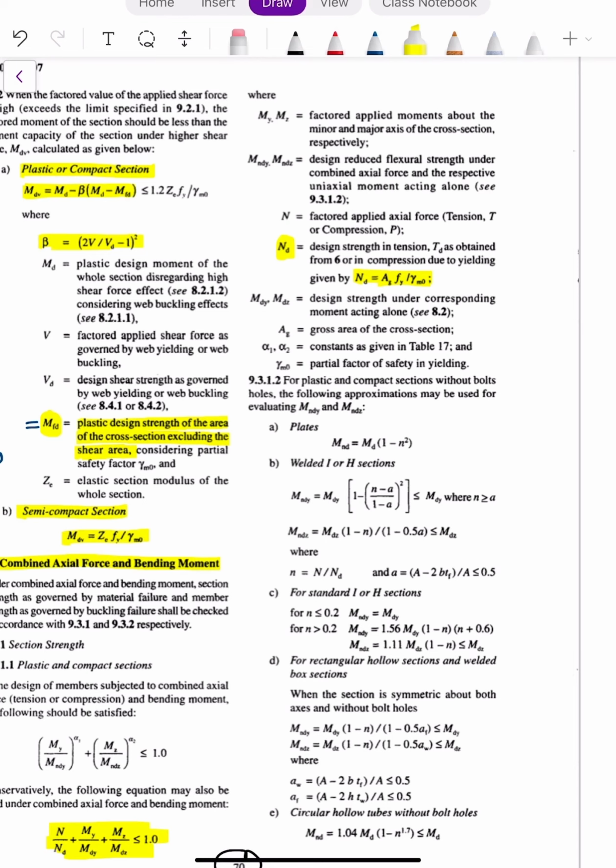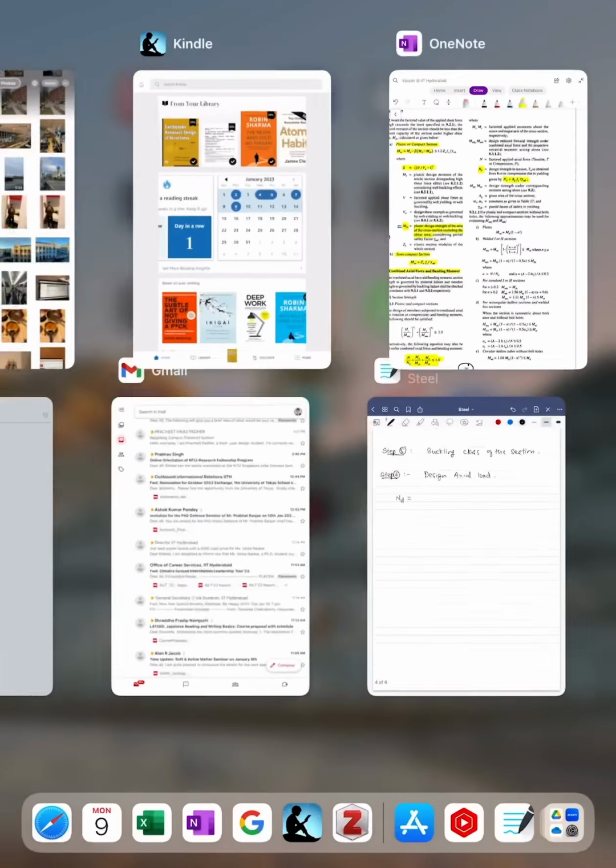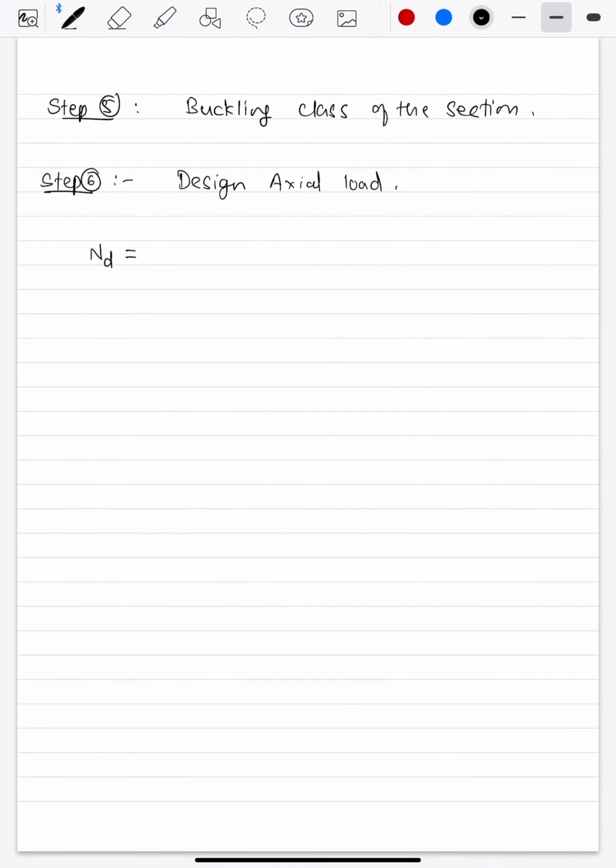Nd is the design strength in tension, and Nd is equal to Ag fy upon gamma m0.